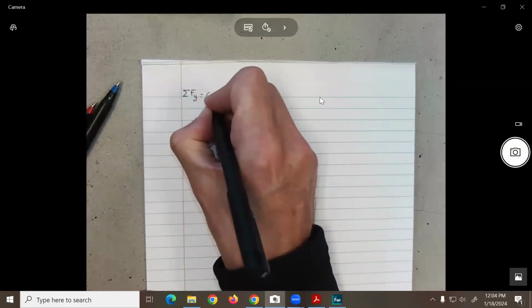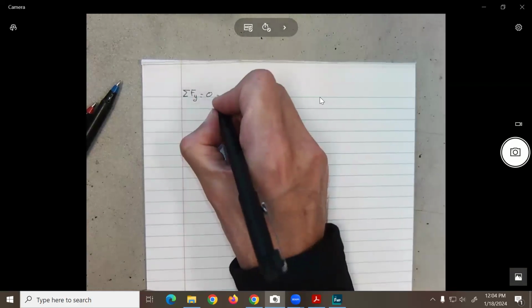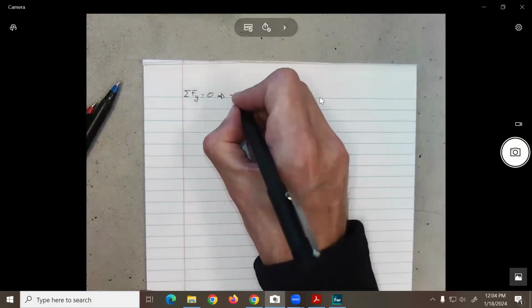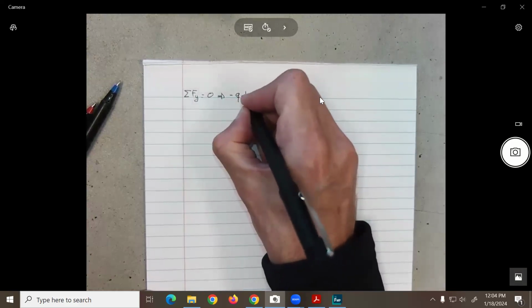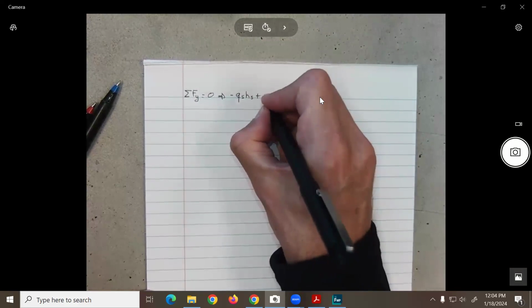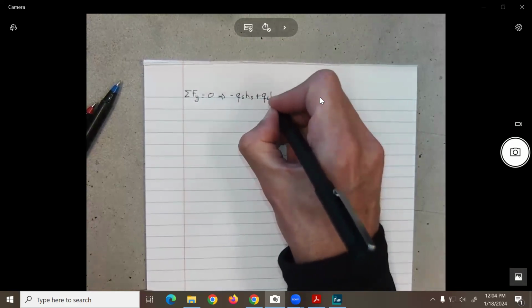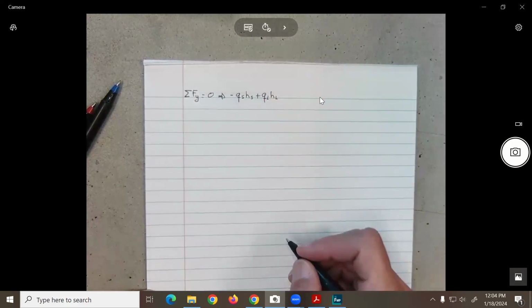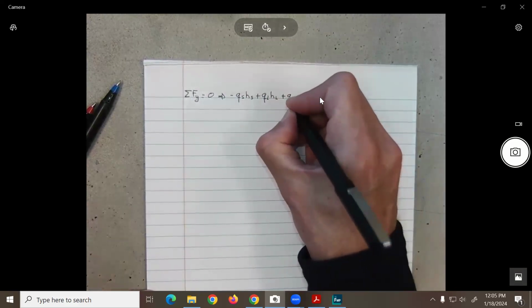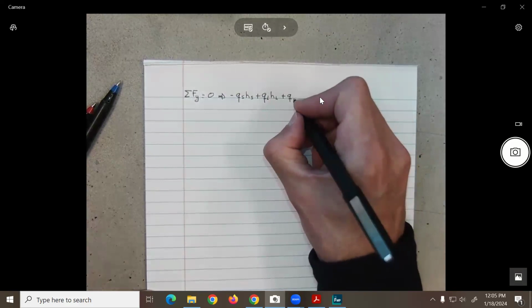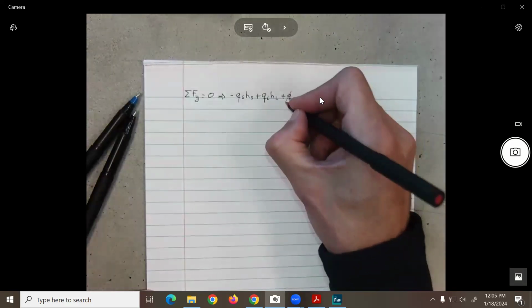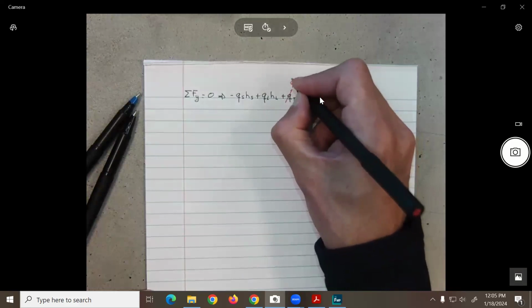If we do the summation in the y direction, we're going to get the equation: minus Q short H sub S plus Q long H sub L plus Q top, but you know that Q top is equal to Q hat.